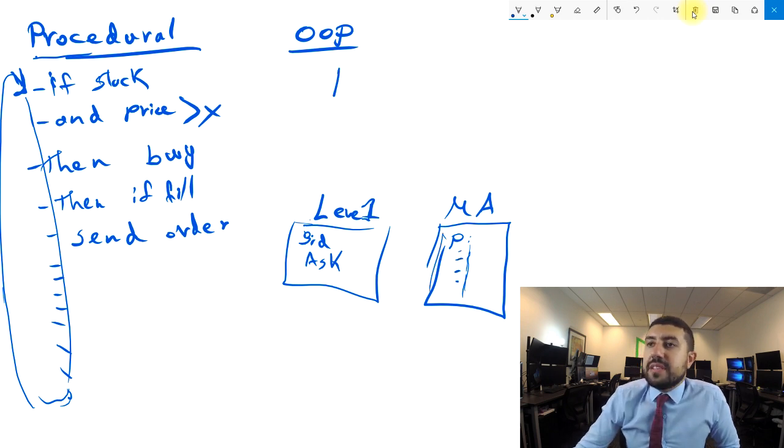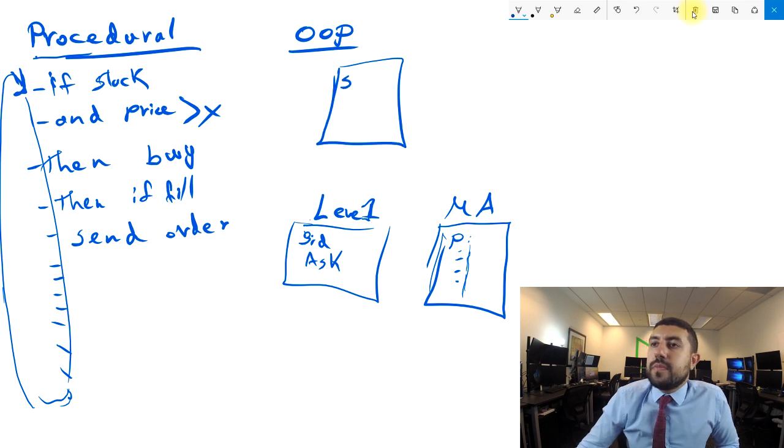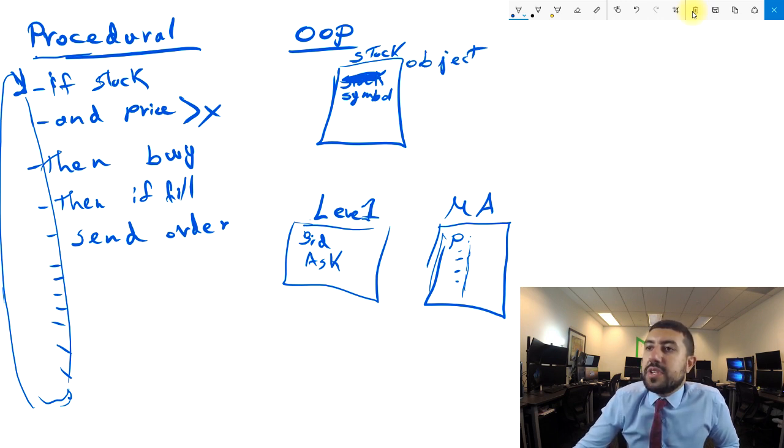And then you can have something else, let's say a stock. A stock is going to have a symbol, but this object here can actually have other objects. So it can have a level 1 as well.